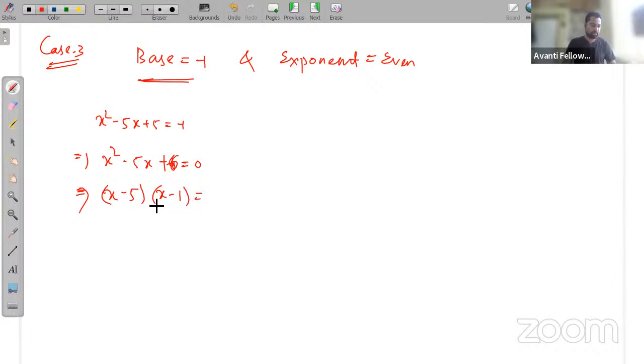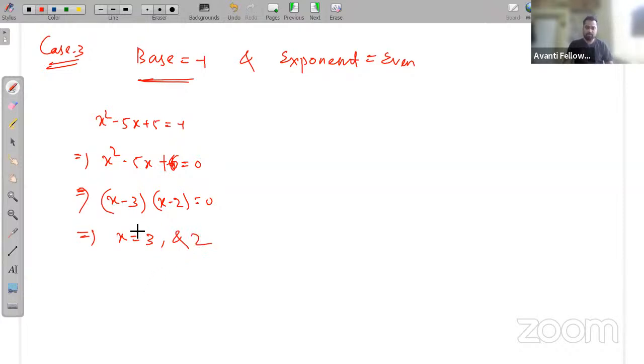We are doing the wrong factorizations always. So this will be x minus 3 into x minus 2 is equal to 0, giving x is equal to 3 and 2.